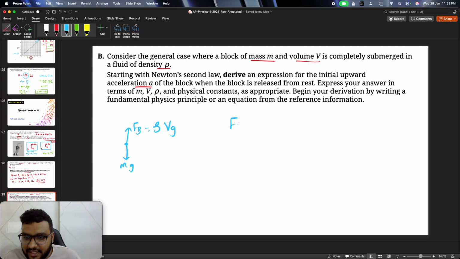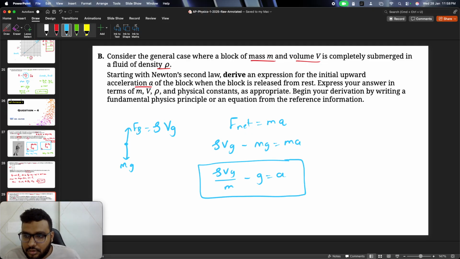Now we know that F net should equal mass times acceleration. So F net is ρ Vg minus mg, the downward force, equals ma. If I divide both sides by mass, I get ρ Vg upon m minus g equals acceleration a. So this is the expression for the initial upward acceleration a.